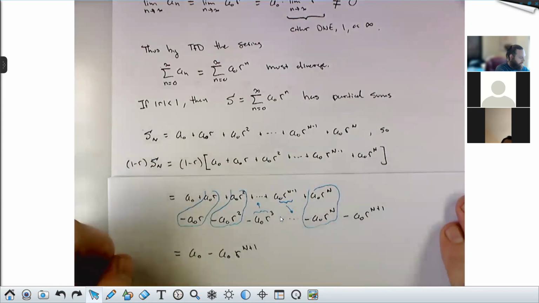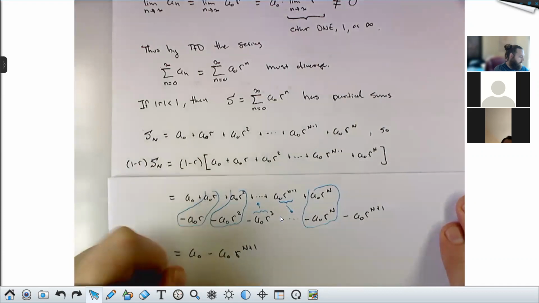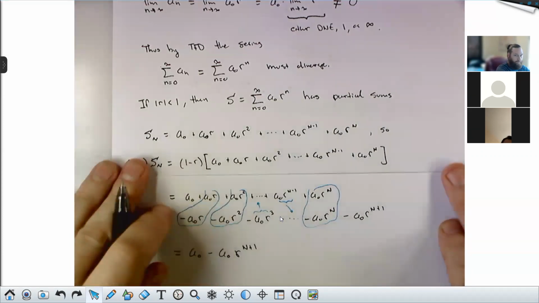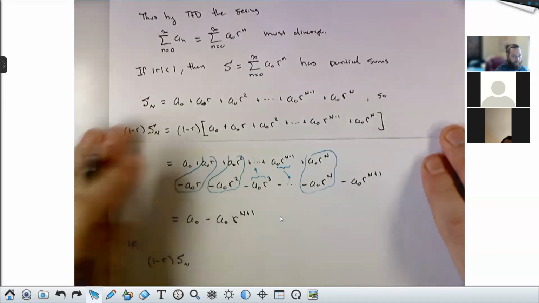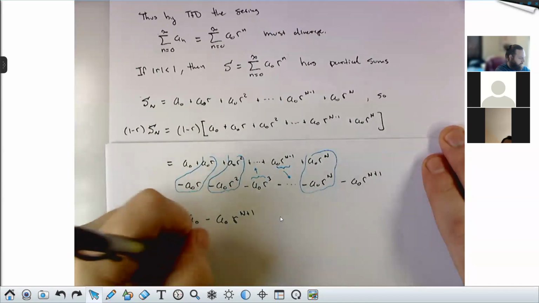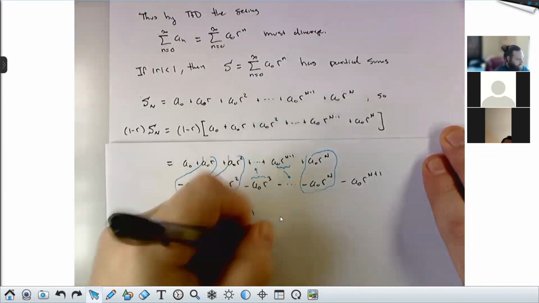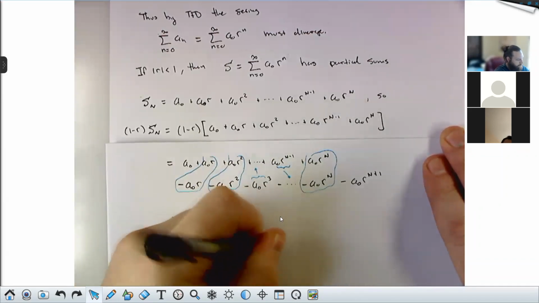In other words, 1 minus r times the capital Nth partial sum is equal to a0 minus a0 times r to the N plus 1.